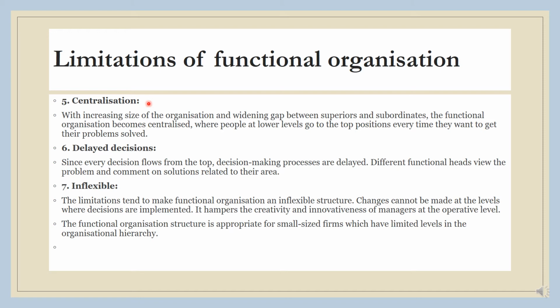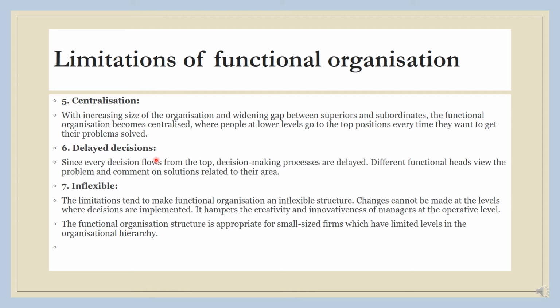And they are a little confused about whom to approach if they are facing any problem from other functional heads. So they directly approach the top management, and hence it becomes completely centralized. And with a centralized system, all the perils of centralization come into these functional organizations.